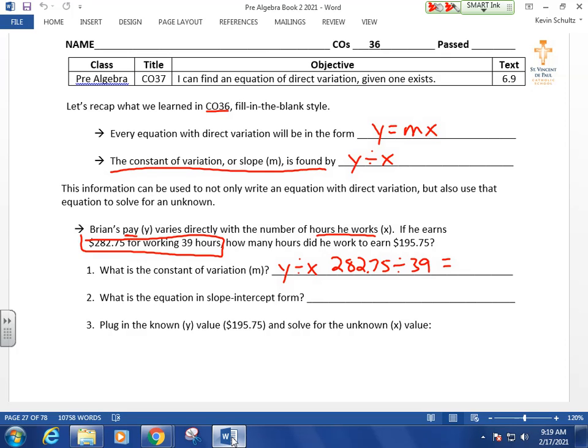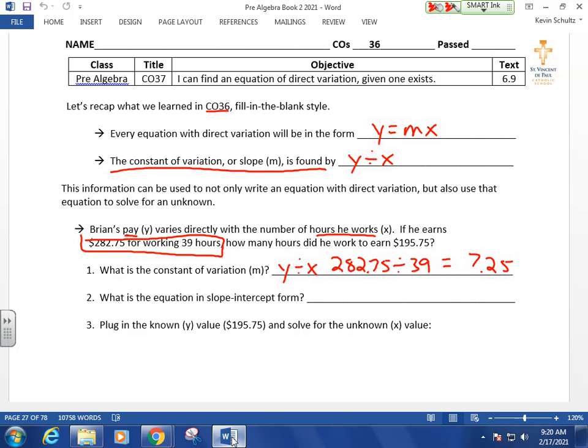Okay. What does that 7.25 mean? Aiden? Well, no, it's $7.25. Okay. But in the context of the question, what does that represent? Maybe that'd be a better way to ask it. What does it represent, John?